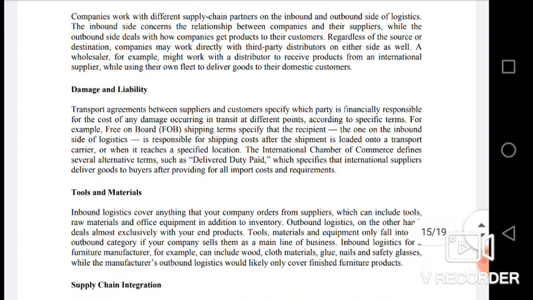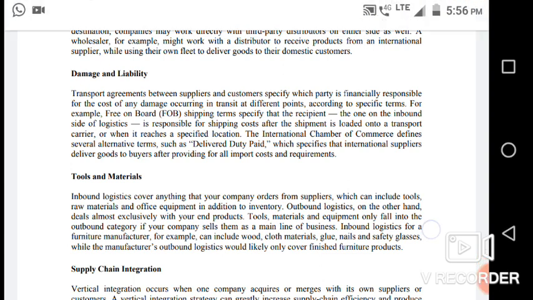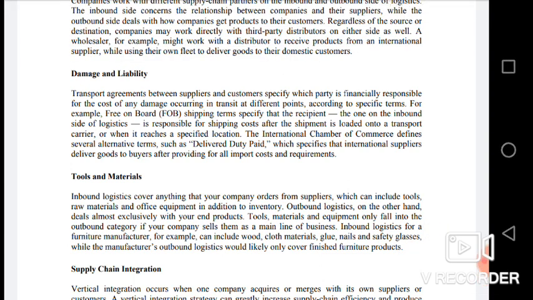Next point under inbound and outbound is damage and liability. That means who is going to be responsible for the damage, who is liable for the damage part. So the transport agreement between supplier and customer specifies which party is financially responsible for the cost of damage. For example, free on board is a shipping term that specifies the recipient who receives the order on the inbound side is responsible for shipping cost after the shipment is loaded on the transport carrier.